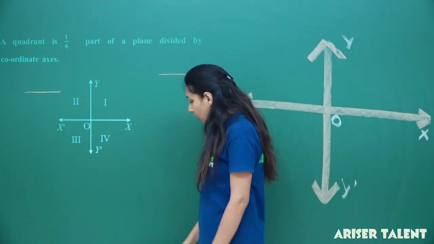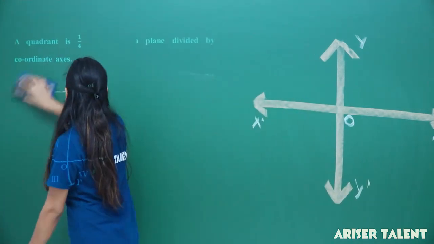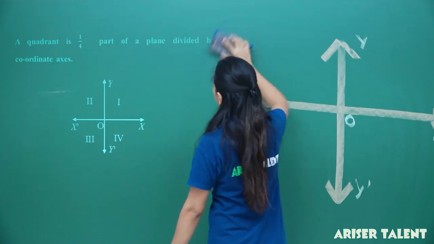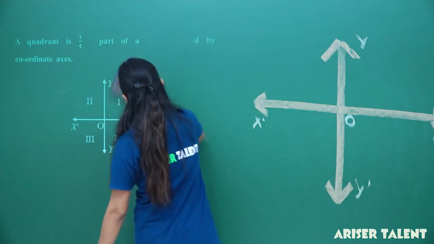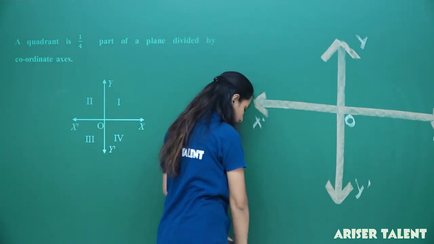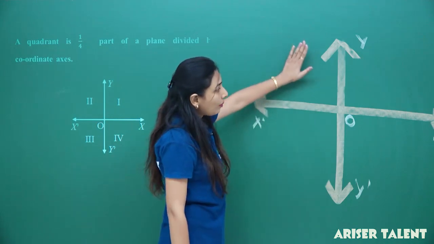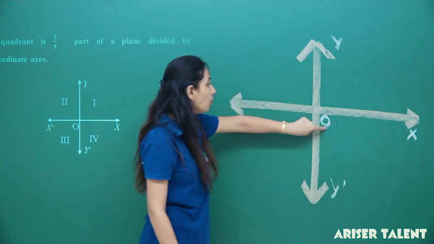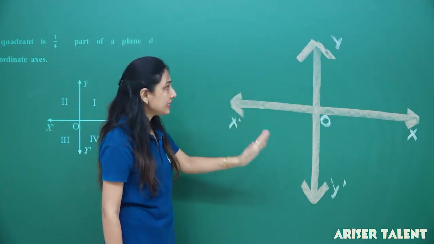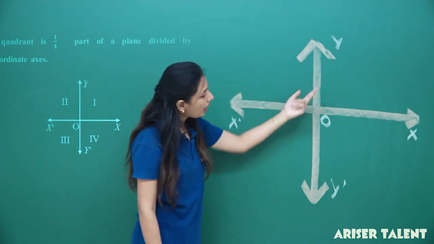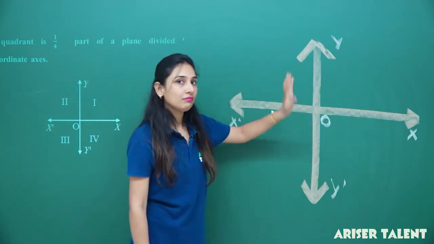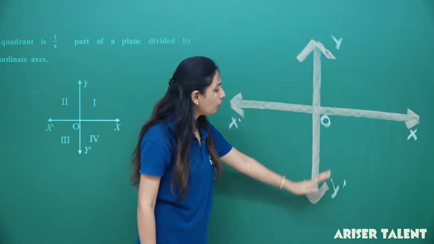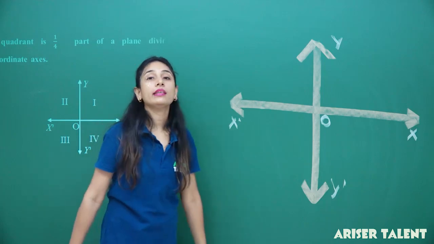Now, a quadrant is a 1/4 part of a plane divided by the coordinate axis. How is it so? Student, I have told you x dash is perpendicular to y dash, or you can say the other way, y dash is perpendicular to x dash.